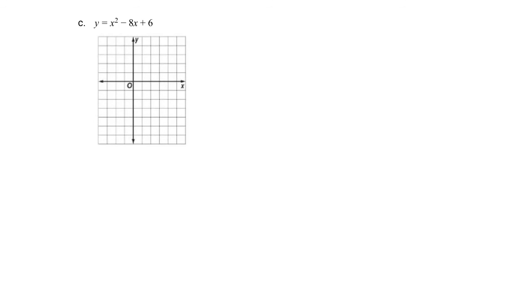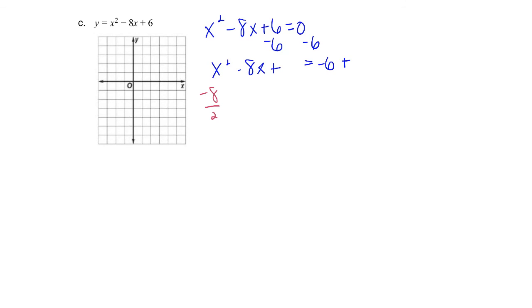Okay, I hope we got it. We need to do, flip it around. X squared minus 8x plus 6 and make it equal to 0. I'm going to move my constant over. Now I've got x squared minus 8x plus a blank equals negative 6 plus a blank. Let's find out what the blank is. Just plain old b, which happens to be negative 8, over 2 is negative 4.